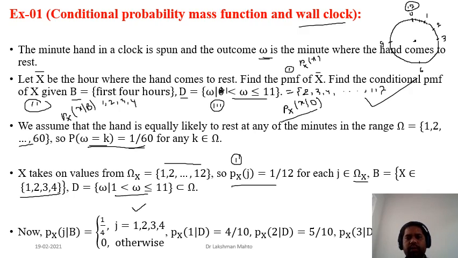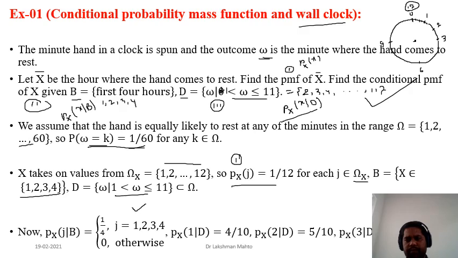Shirsagar, how is the probability of X given B 1 by 4?